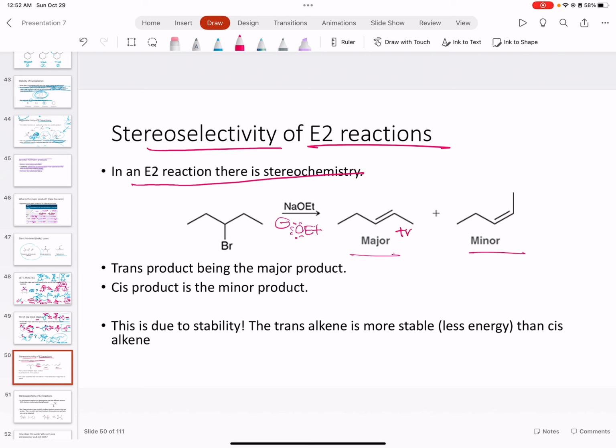The major is going to be the trans because it has less energy, which makes it more stable, while the cis creates more energy and is less stable. So trans products are the major products, cis products are the minor product. This is due to stability: the trans alkene is more stable, with less energy than the cis alkene.